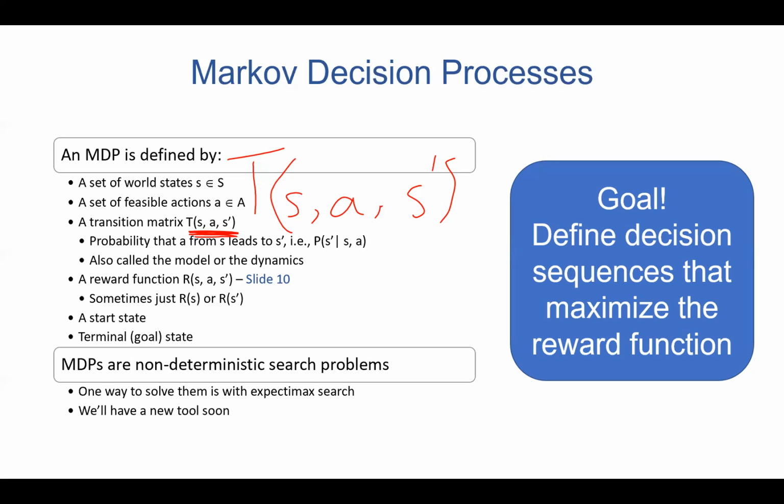We have a start state, right? Like in a maze world, your robot or your agent basically is standing somewhere where you want to start playing. So you have a start state. You may or may not have a terminal state. Okay, you may or may not have the goal state. The goal state basically is to exit and get the maximum reward, right?